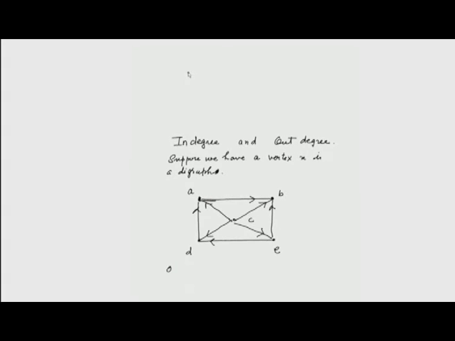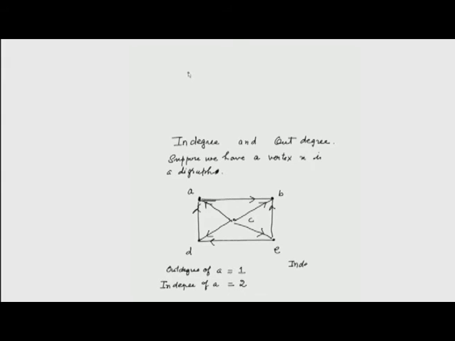So, the out degree of A is 1, and in degree is the number of edges incident on A. Here we see that this is 1, 2. So, this is 2.